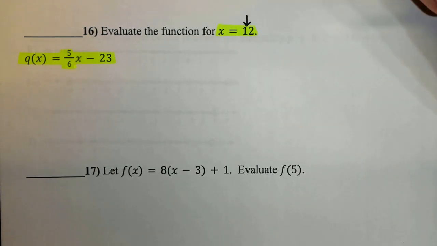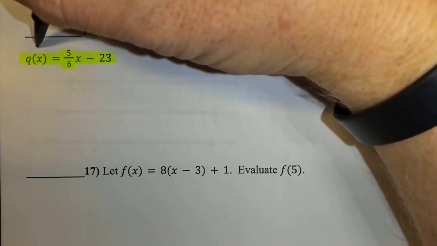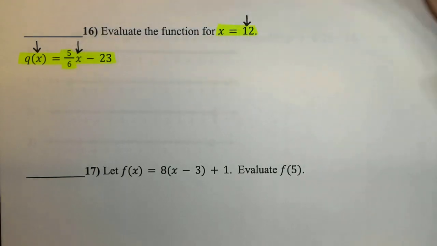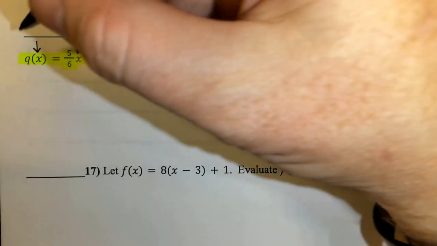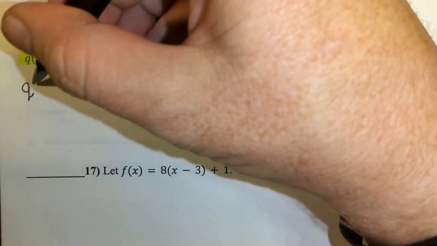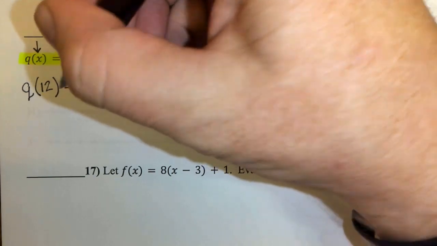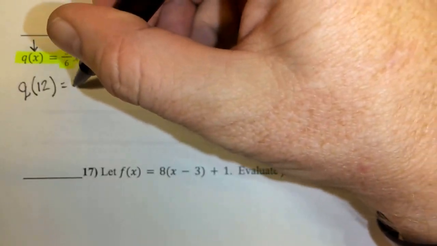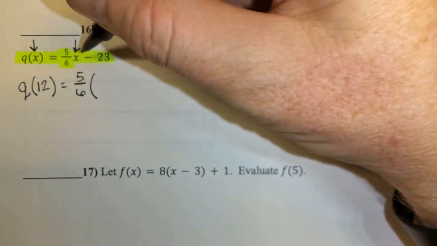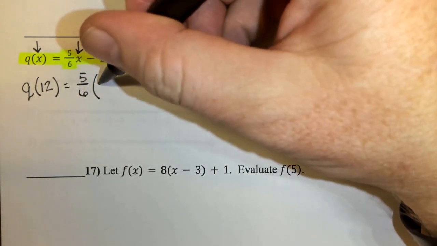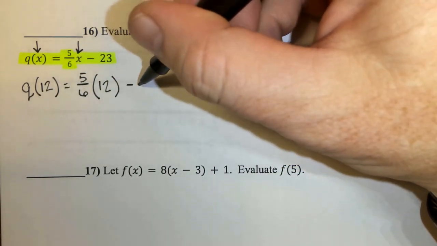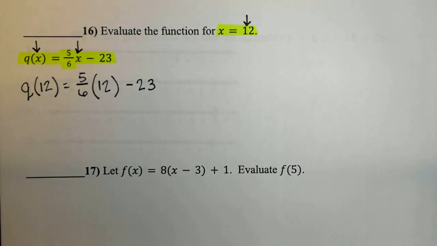I take my number 12, I replace every single x with that number and then solve for some answer. So it's q. Instead of x, I put 12. 5/6, parentheses, because it's x, I'm going to change x to 12, minus 23.